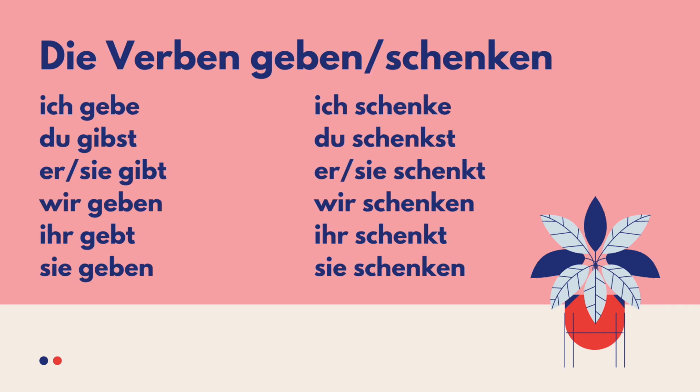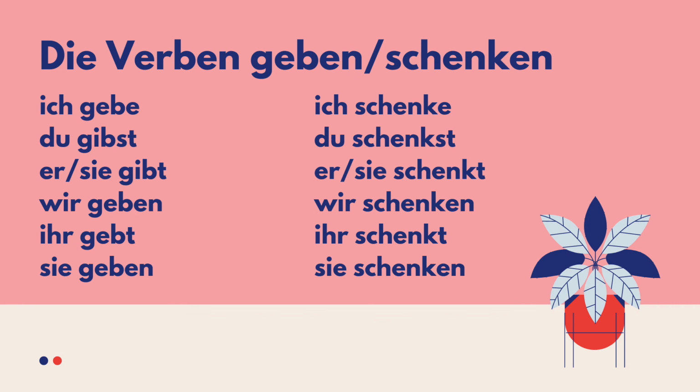On the next slide, we can see the conjugation of the verbs geben and schenken. These both mean to give. Schenken can be used more when you want to give a present to someone. Ich gebe, du gibst, sie gibt, wir geben, ihr gebt, sie geben.